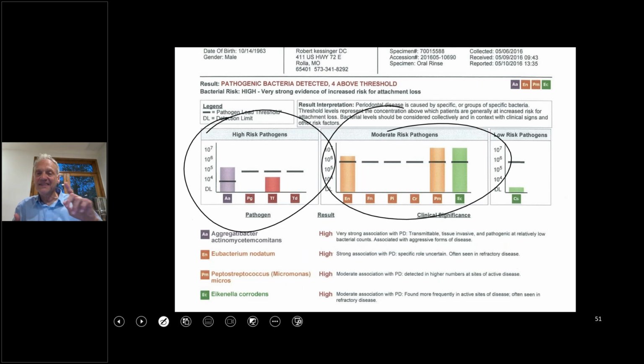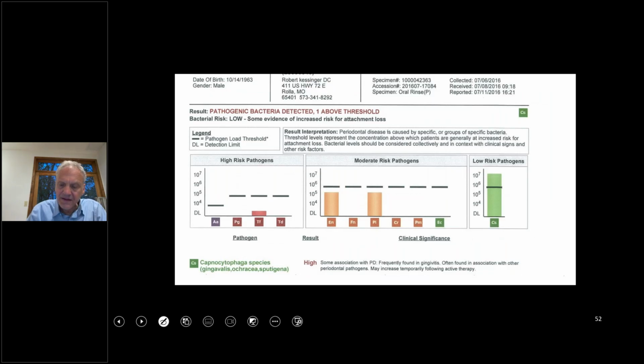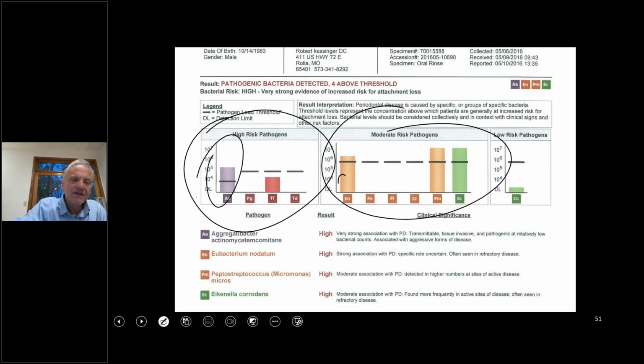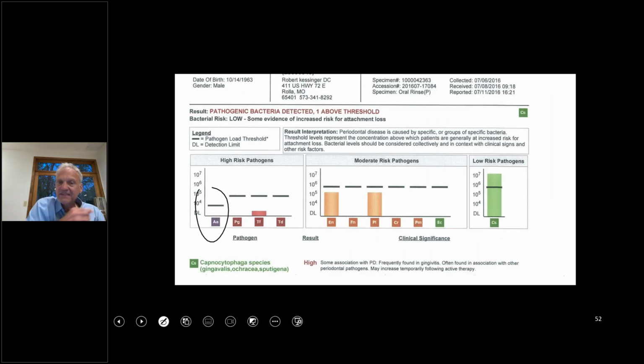Periodontal disease can relate to diabetes, cardiovascular disease, dementia, and a whole bunch of other stuff. This is a pre and a post. And the purple is the really bad one here. So this person had to go to a dentist and had to do different things to ameliorate.